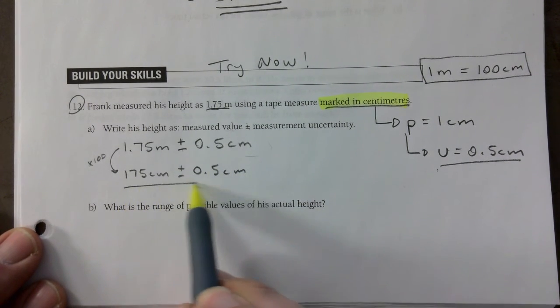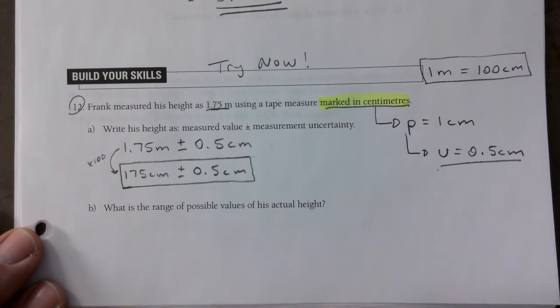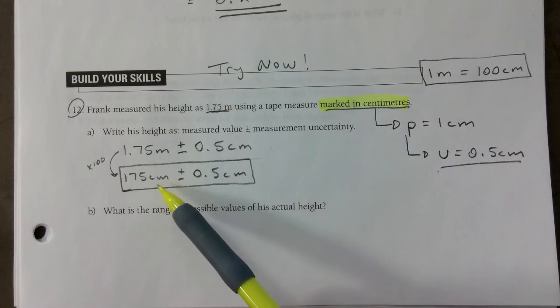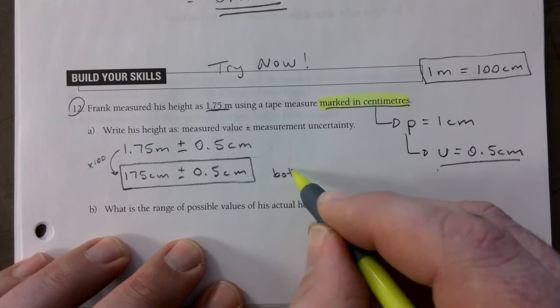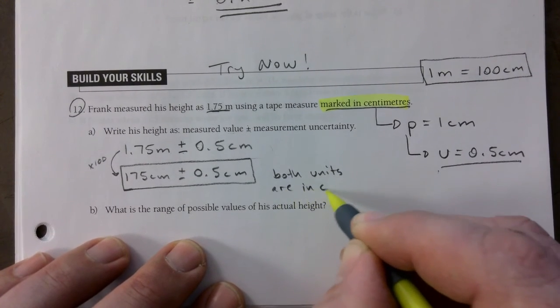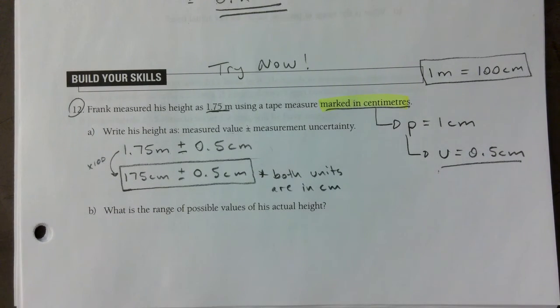This is really what I would say would be the best answer. Notice that I went from meters to centimeters so both units are in centimeters. That's why we did this here.